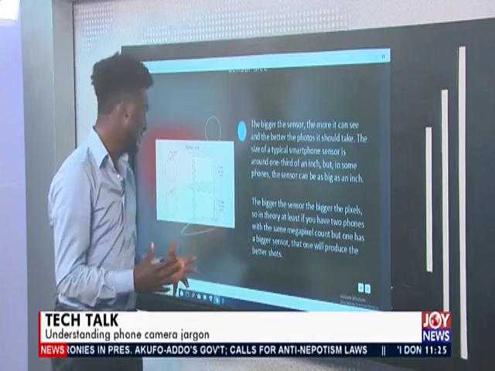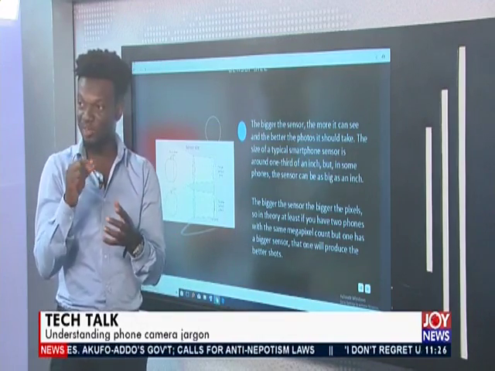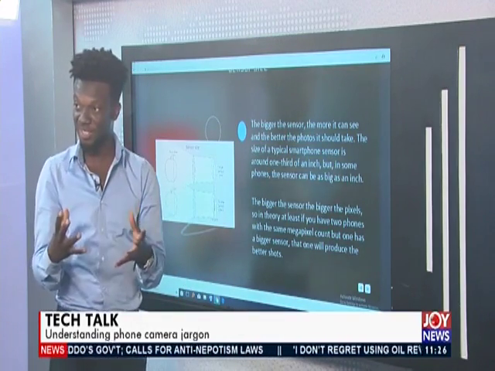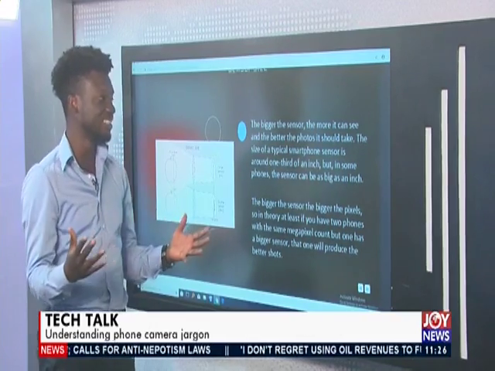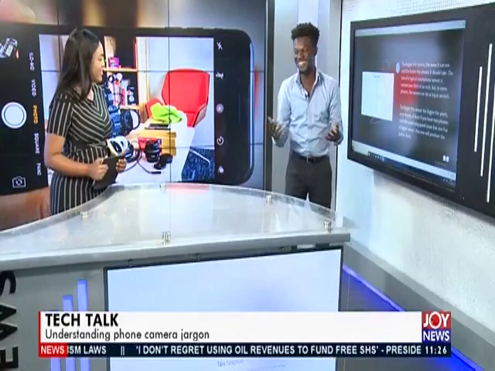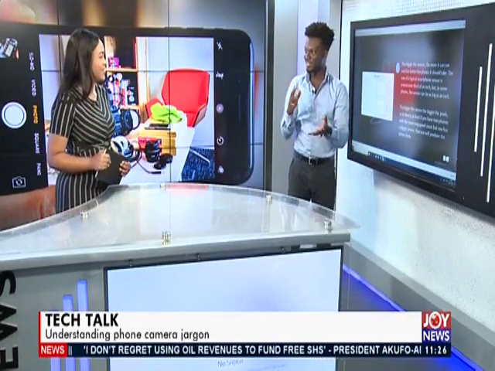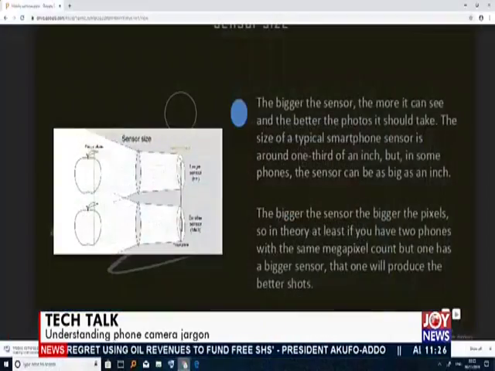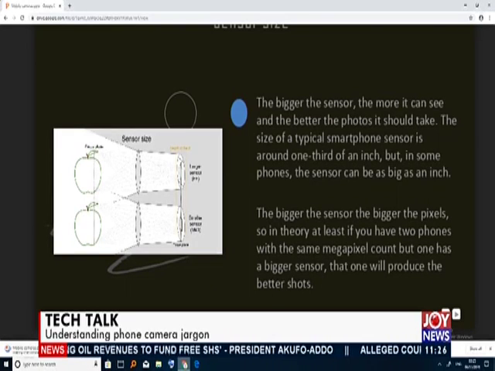Going beyond that, you have the sensor size. The sensor size is essentially the size of the part of the camera that accepts the image. The bigger the sensor, the more it can see. It doesn't mean that the bigger your eyes, the better you can see, but the bigger the sensor of the lens, the better the pictures will be. If a phone is advertised as having a large sensor, you should know that photos taken at night will be clearer.